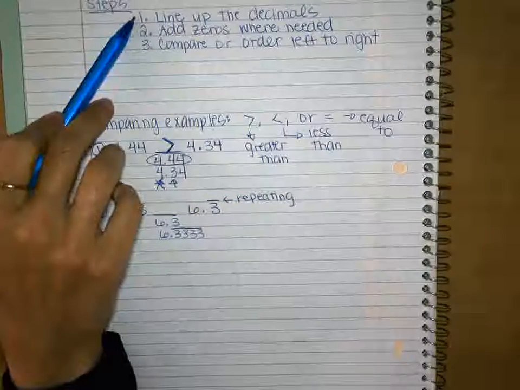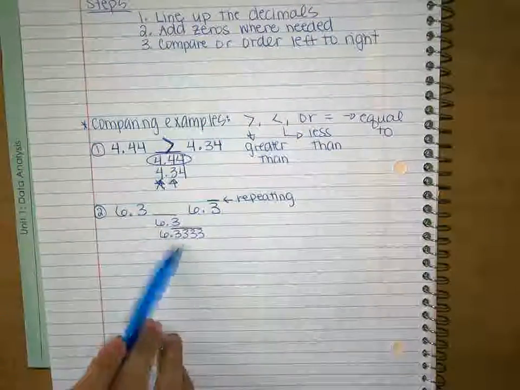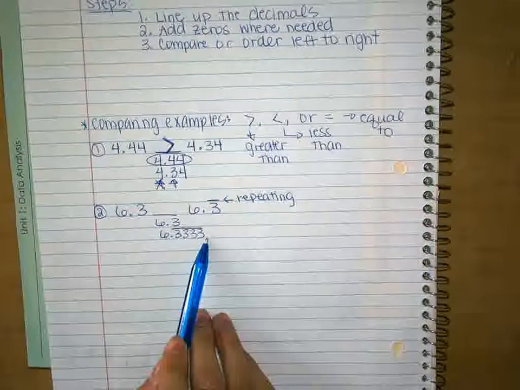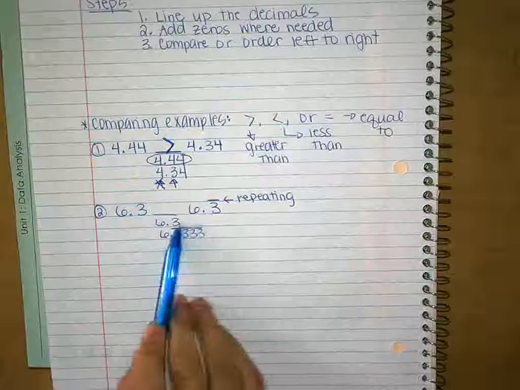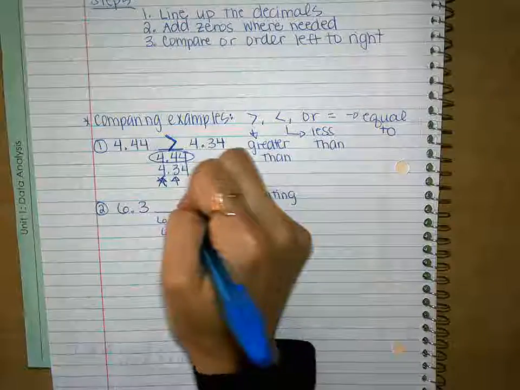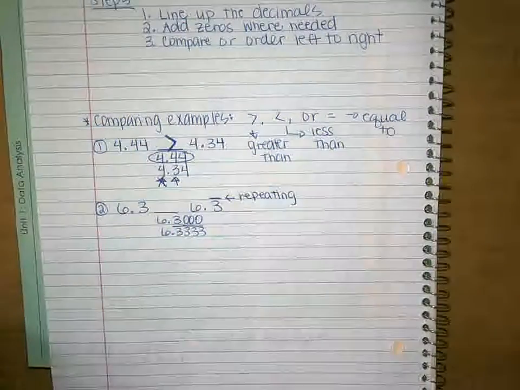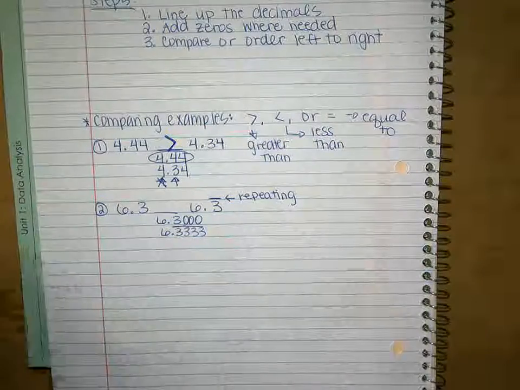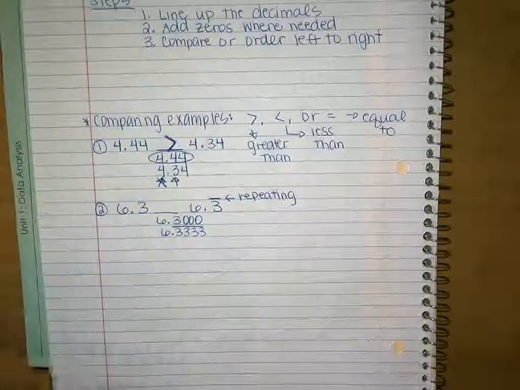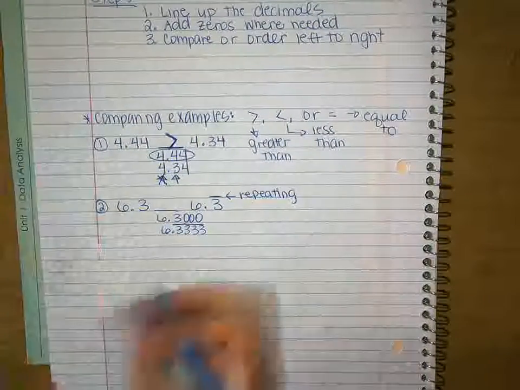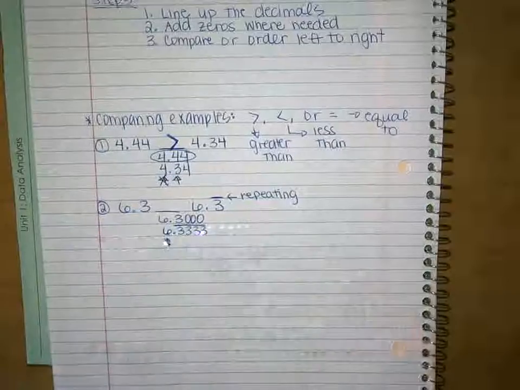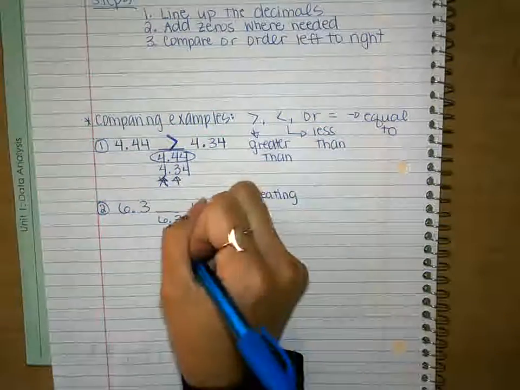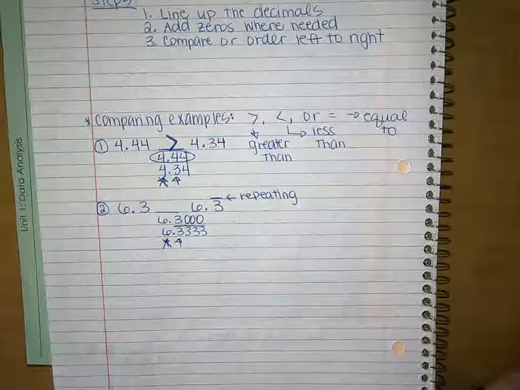So I did my step 1, line up the decimals. Okay, my step 2 now says add zeros where needed. Well, I added extra 3's, so on the first one I need to add extra zeros. See the difference there? Repeating, I added 3's. Non-repeating, I add zeros. Then I compare in order from left to right. My 6's are the same. I look in the tenths column, I have a 3 and a 3.